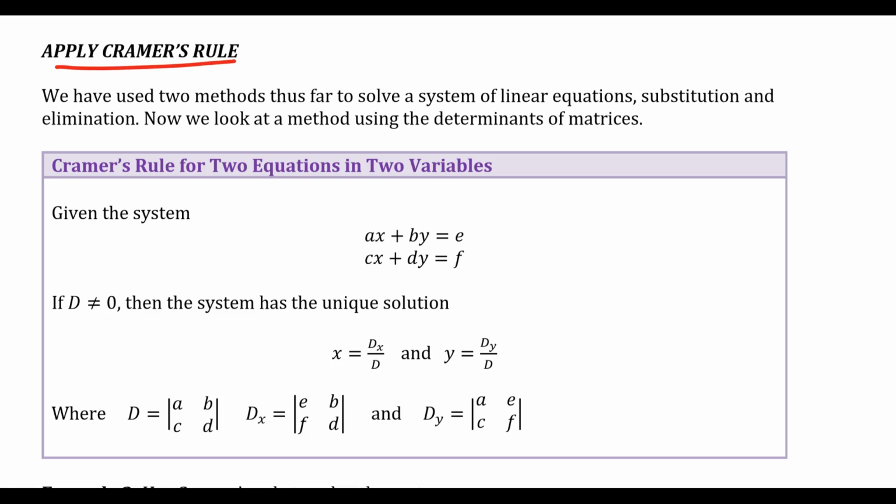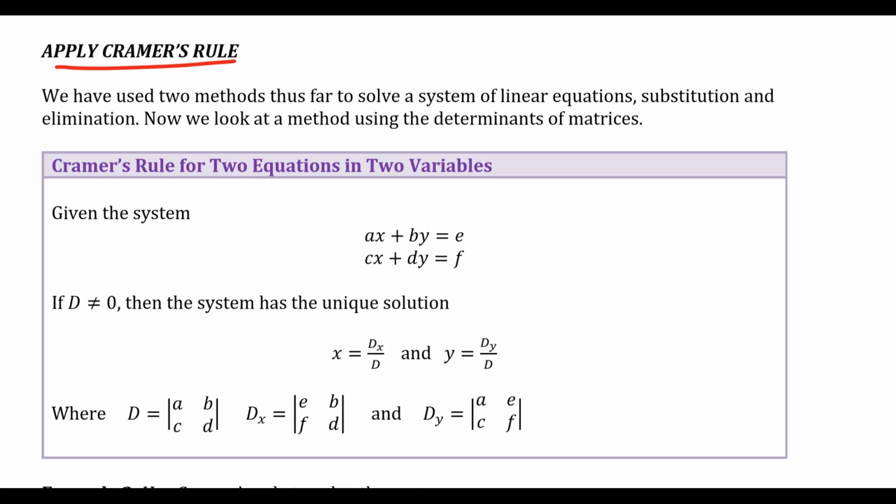So we're given this set of linear equations, and what we do is we find three different determinants for two variables. We have to find D, which is your x and y of both equations, the coefficients of those.